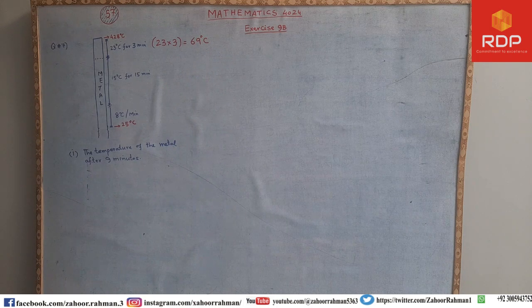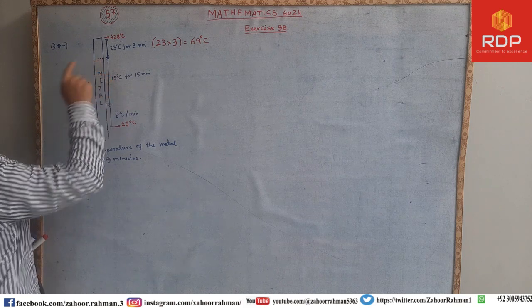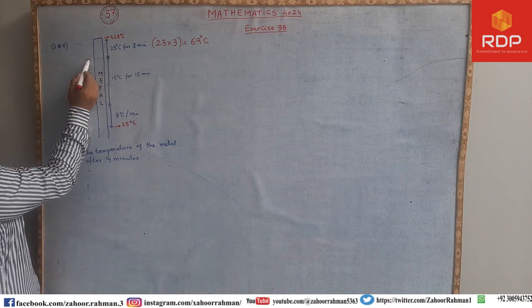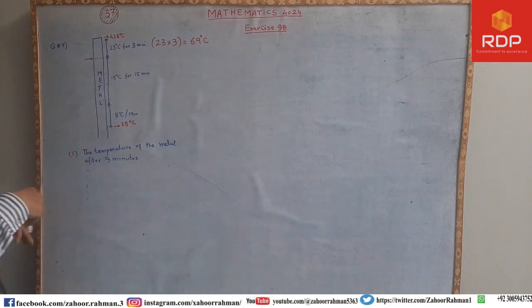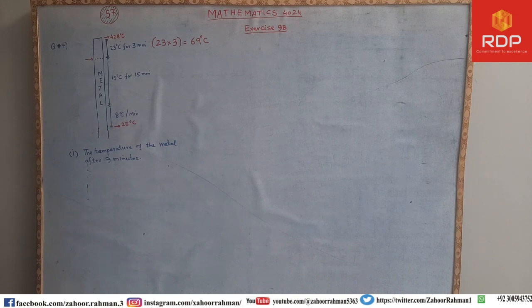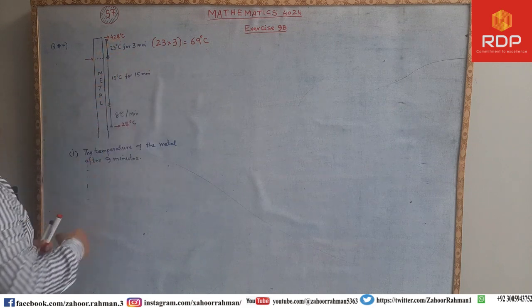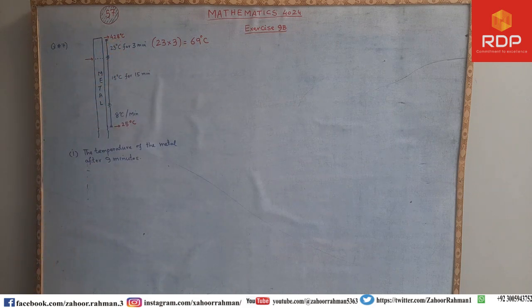The question is not asking for the temperature at this particular point, but if it comes in the exam, to find the temperature of the metal after 3 minutes cooling at 23 degrees Celsius per minute, you have to subtract this 69 from 428, and that will be the answer.